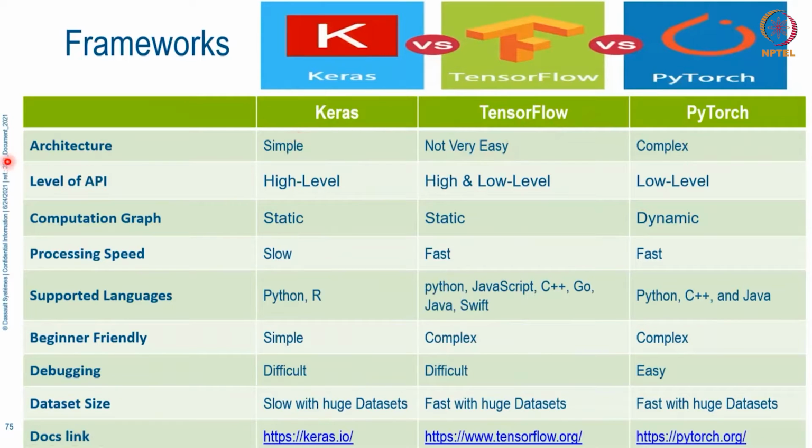So these are the properties on which they differ. So first is the architecture. The architecture of Keras is pretty simple. It's a higher level API, so it's very easy to use. While it is not the same for TensorFlow and PyTorch.